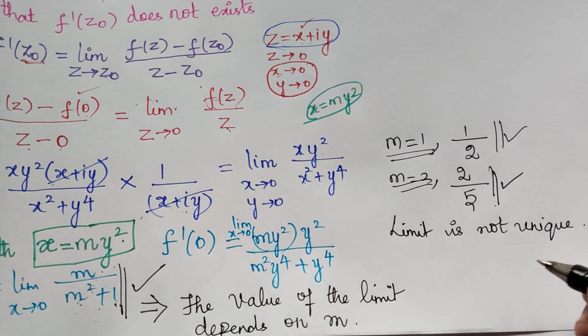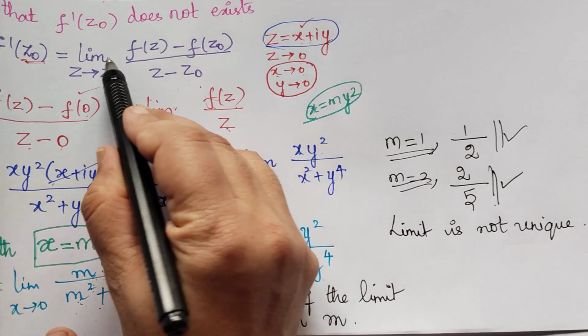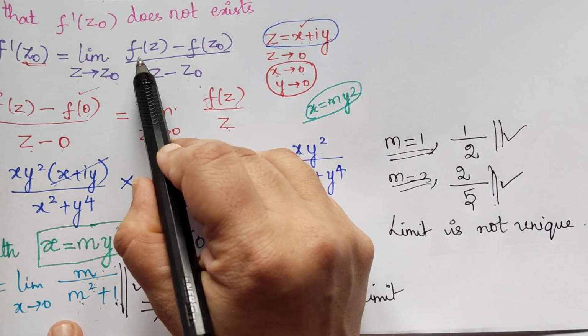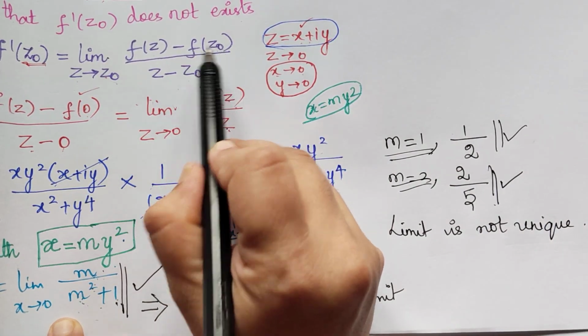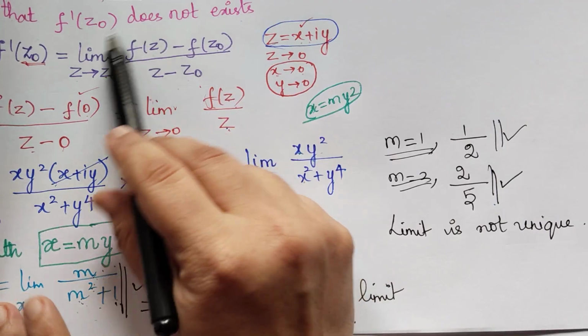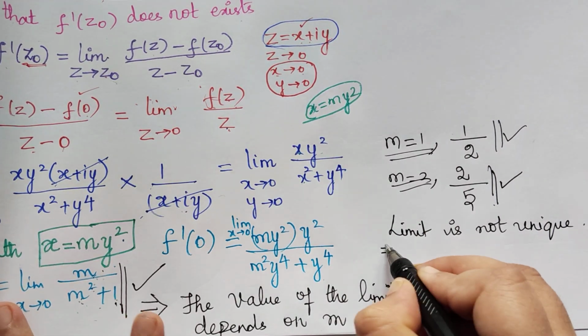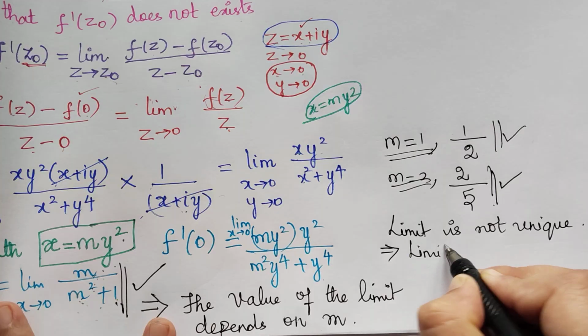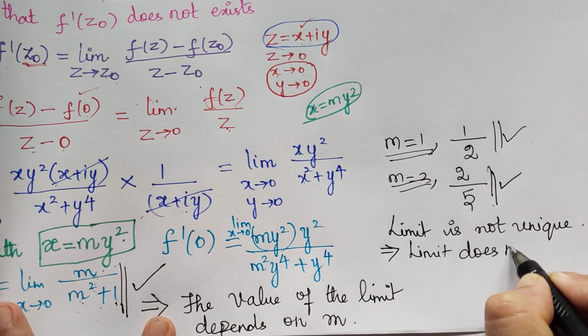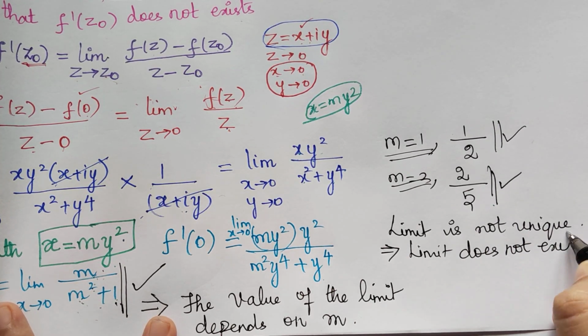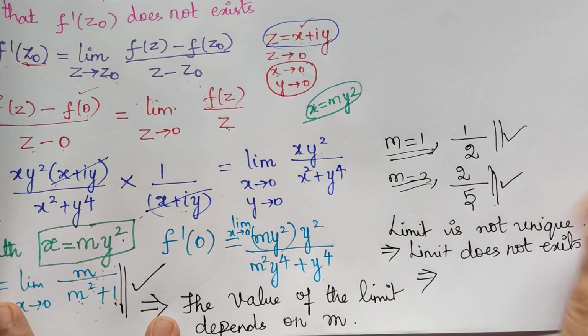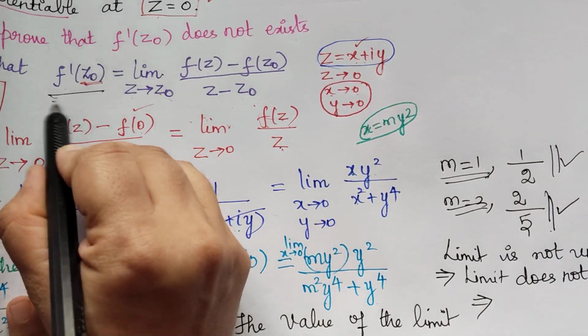So if the limit is not unique, we know that the limit as z tends to z naught of f of z minus f of z naught by z minus z naught is not unique, which means that the limit does not exist. So what is that actually? Here we have f dash of z naught.